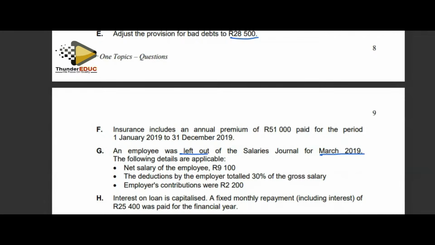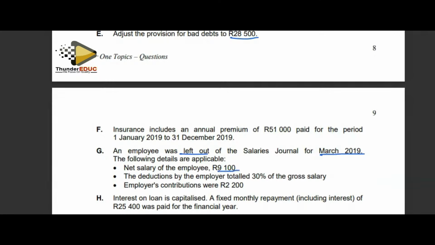And remember, don't expect to find any question on income statement which does not have adjustments. So these adjustments we are doing, increasing and decreasing the figures given to us, this is where most of the marks are coming from. Okay. So this employee was left out and his net salary is 9,100.